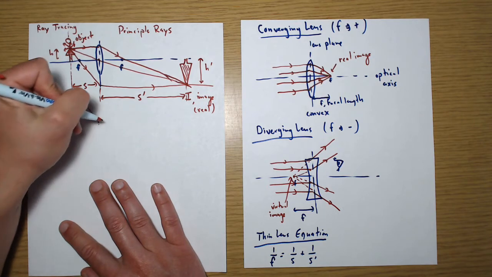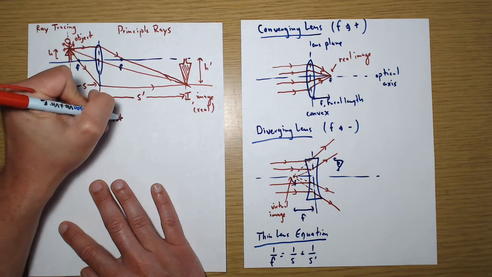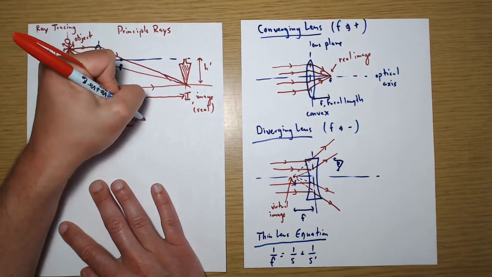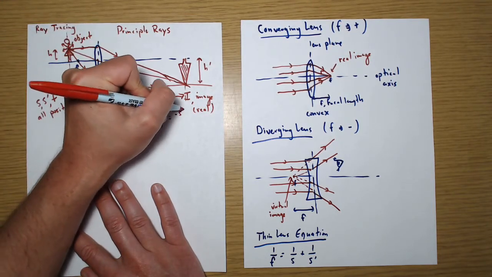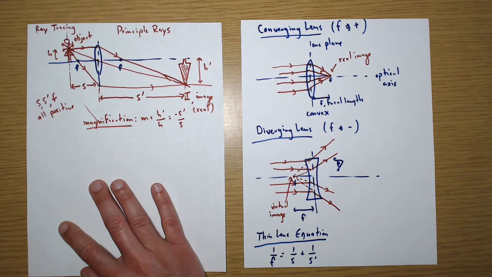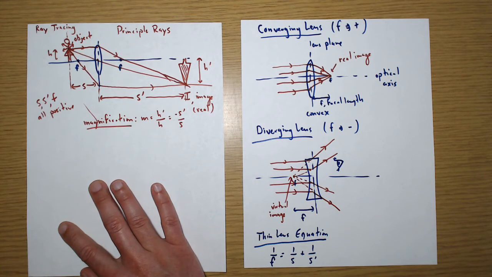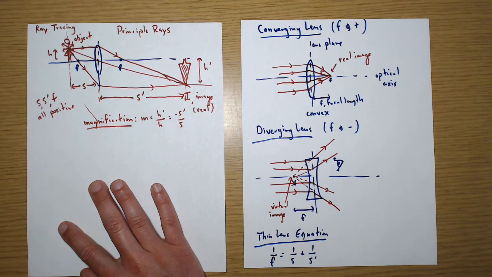So we define the magnification m to be h prime over h, which equals negative s prime over s. This last relation here comes from properties of thin lens and application of the thin lens equation. All right, and some simple geometry which you can construct with these triangles here, similar triangles.